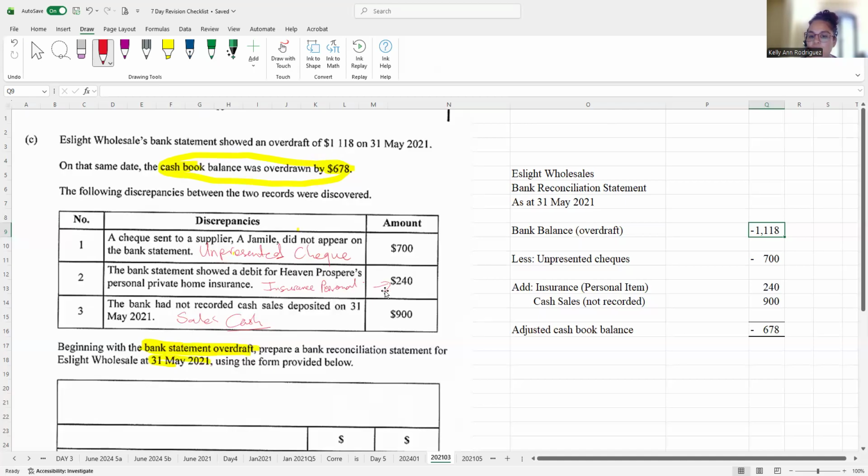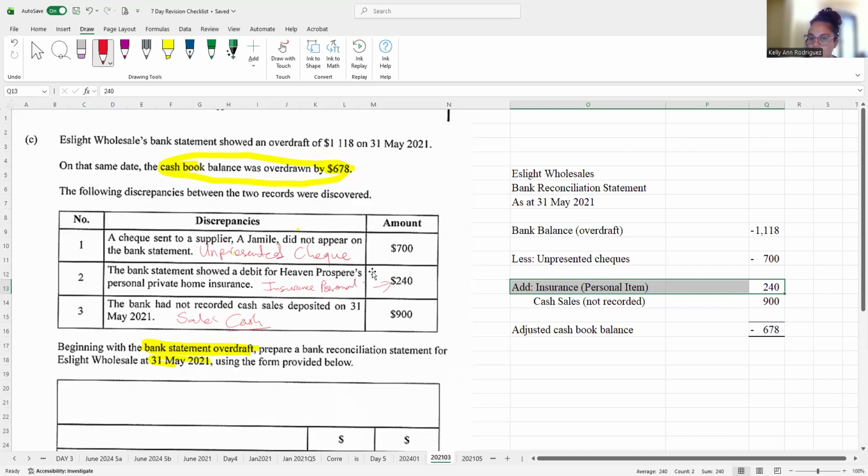So it reduces your balance in your bank statement, but this is not for Slight Wholesale. So this will have to be reversed and increase back the value. Hence the reason you will have to add it back into your bank balance. This has to be reversed from a negative figure reducing your bank account.